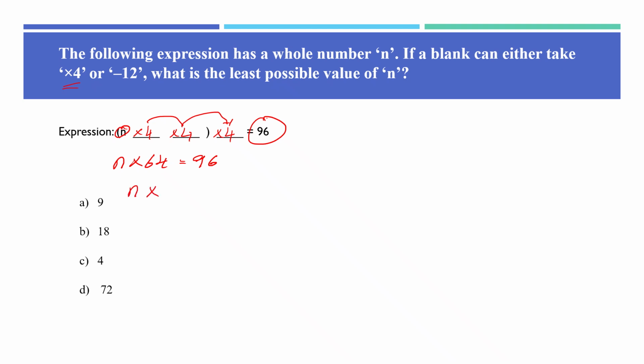Then n times 64 equals 96, which means that n can also be written as 96 over 64. And here they have mentioned that n is a whole number. So obviously, in this case, n would be a fraction. So it is very clear that we are not going to replace the blanks with three multiples of 4. No, we are not going to use this.